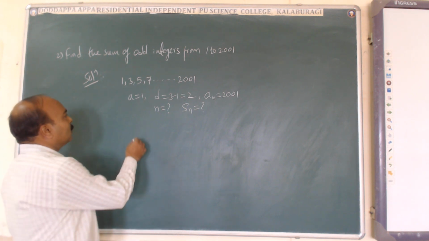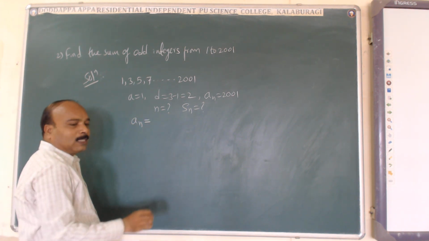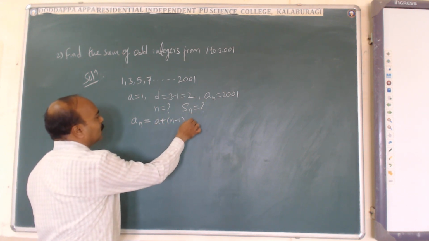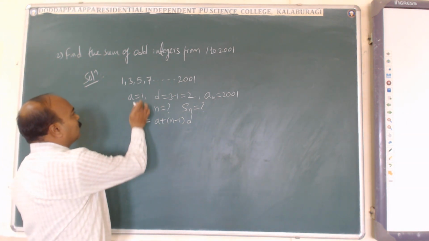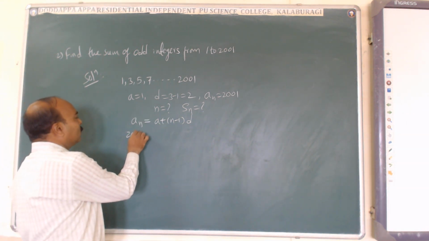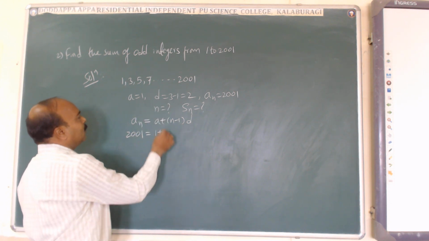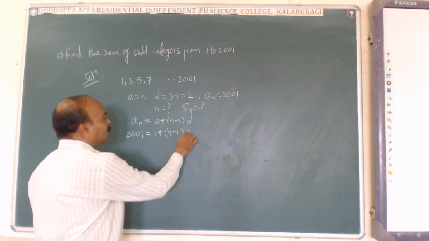For that, first we use the an formula to find the n value. an equal to a plus n minus 1 into d. Substitute the values: 2001 equal to a is 1 plus n minus 1, n we don't know, and d value is 2.